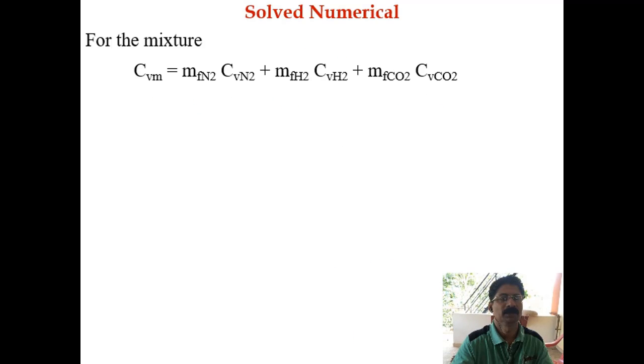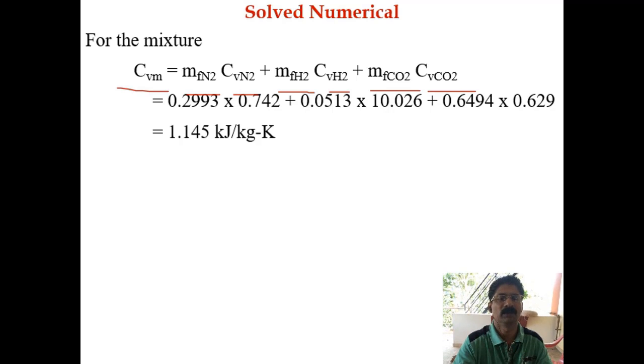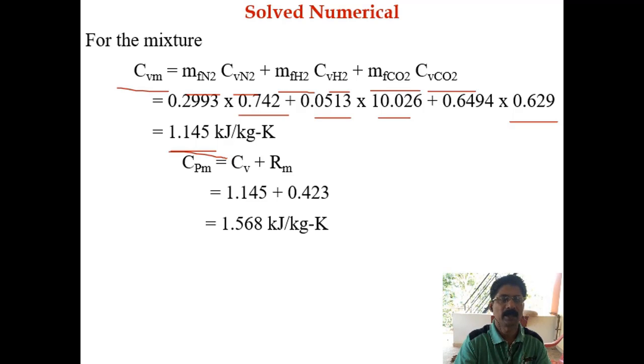Now for the mixture, the specific heat at constant volume Cv for the mixture is nothing but mass fraction of N2 into Cv of N2 plus mass fraction of H2 into Cv of H2 plus mass fraction of CO2 into Cv of CO2. Since you know the values of CvN2, CvH2 and CvCO2, you will get the Cv for the mixture as 1.145 kilojoules per kg per Kelvin.